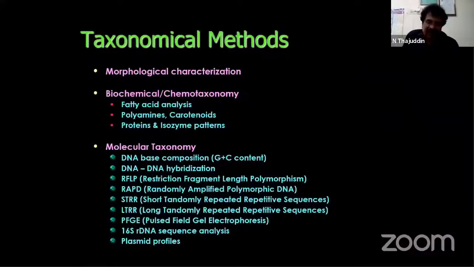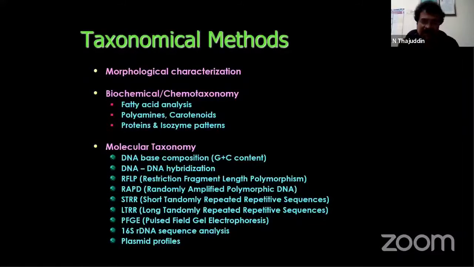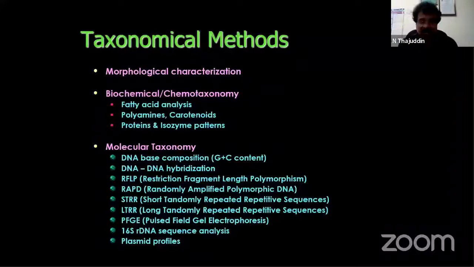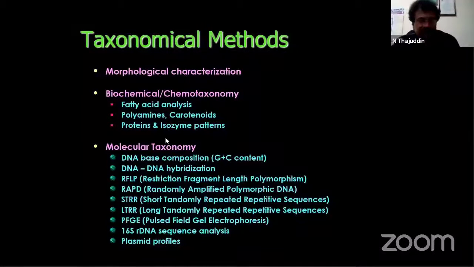So you have to see the morphology, and then you standardize the techniques for breaking open the cell. If there is a very thick cell wall, you add a higher concentration of lysozyme, some sonication, or a combination of different techniques to break open the cell wall and isolate the DNA. Otherwise, it is difficult. So morphology is the base. Without morphology, there are no other meaningful taxonomic methods.